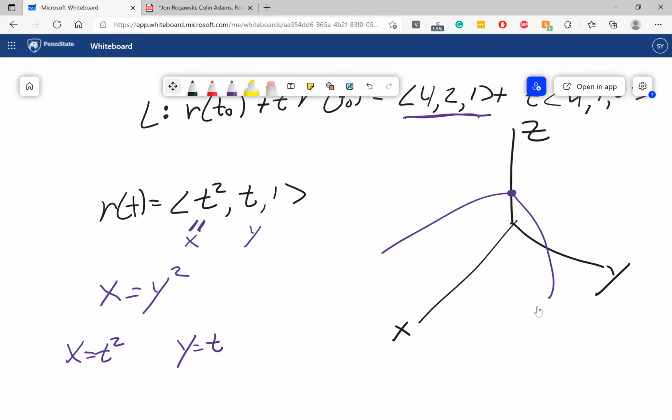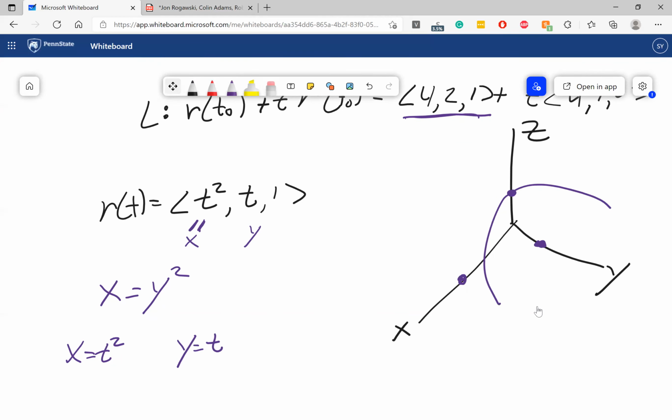So in this case, when X is 4, it should go the other way. Let's see. In this example, when Y is 2, X is going to be, okay, I don't know. There's something over here that I'm missing.